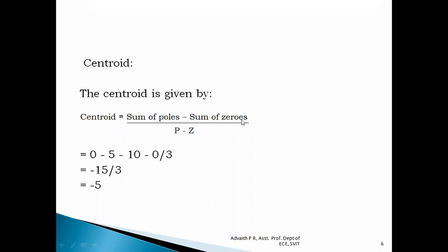We don't have any zeros. So 0 minus 5 minus 10 is minus 15, divided by 3 gives us minus 5. That means the centroid is minus 5. So using this centroid as minus 5, we'll plot the centroid on the real axis, and using that we will be plotting the angle of asymptotes.